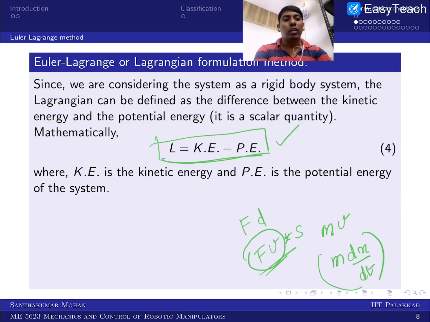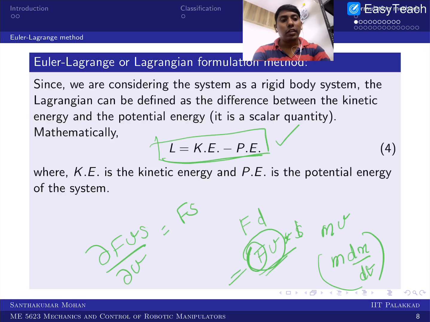So now if I take the partial derivative of this power with respect to V, what will I get? You will get F. And now if I take the partial derivative with respect to V, what I will get would be F into s, in the sense I would write t.